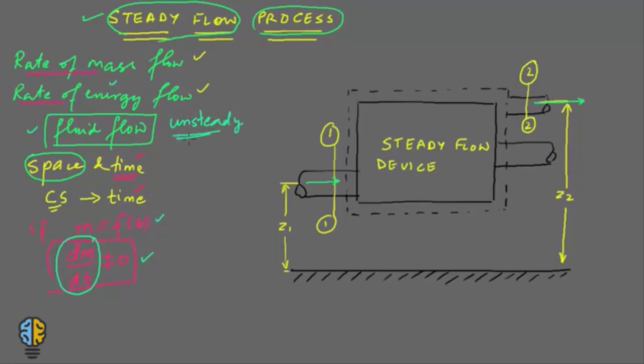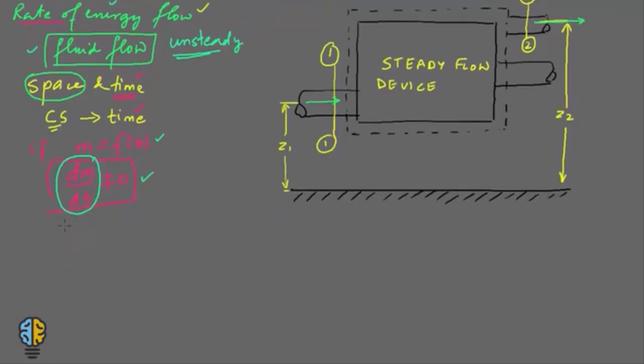And when the flow rates of mass and energy across the control surface are independent of time, the flow is called steady flow. This means we have constant mass flow rates, or energy flow rates, with respect to time.